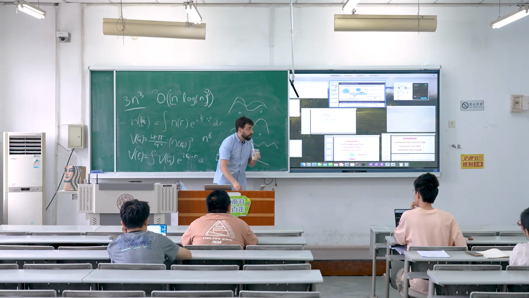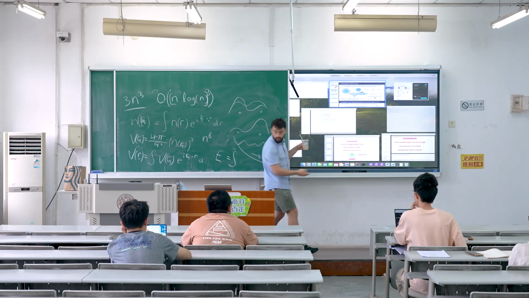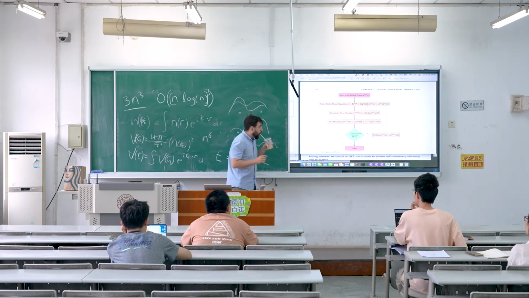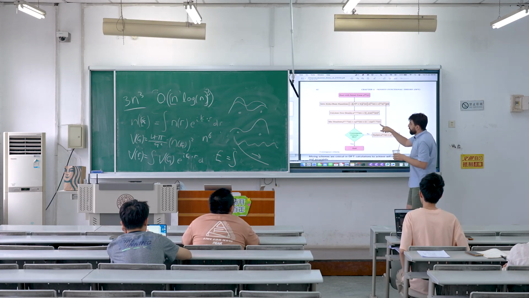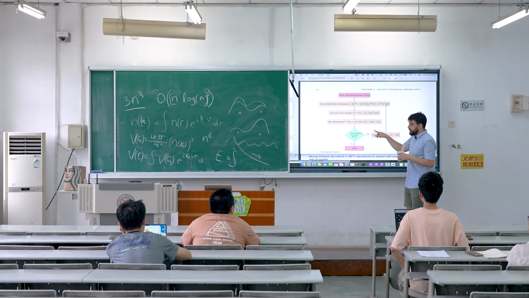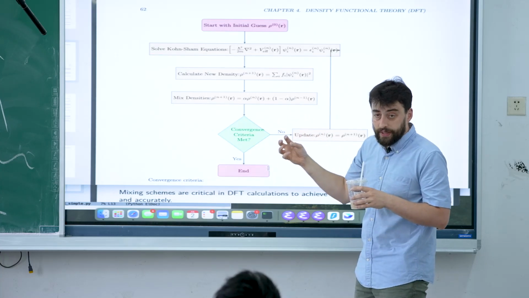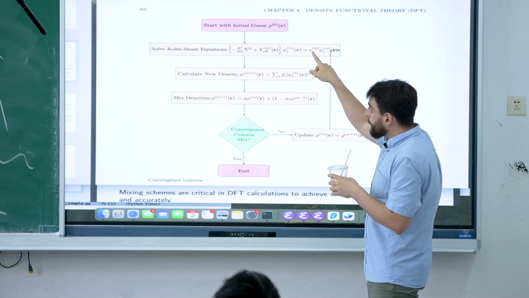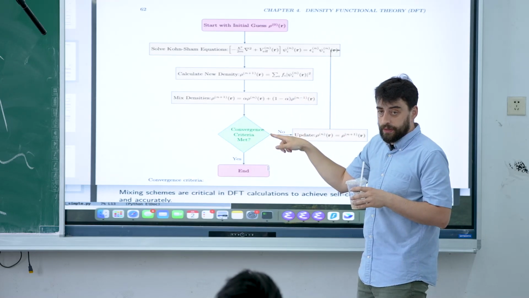No, because if you imagine that you've got the correct density, perfectly correct density, and you feed it into here, the new density will be exactly the same as the old density, right?